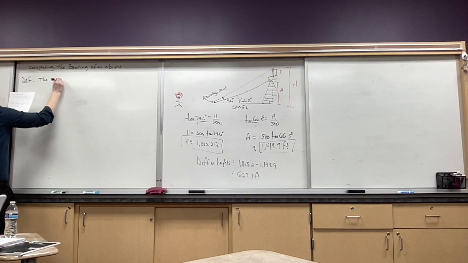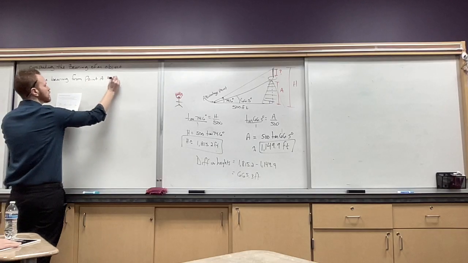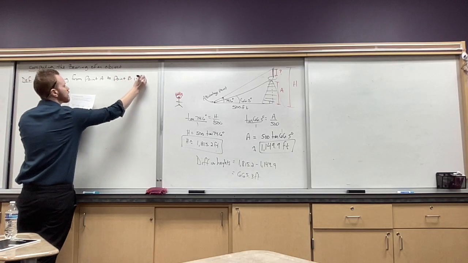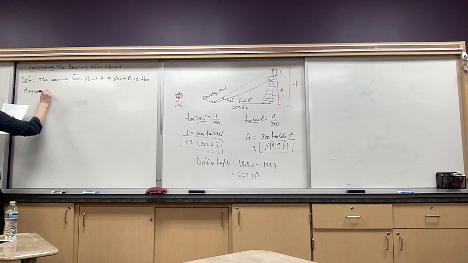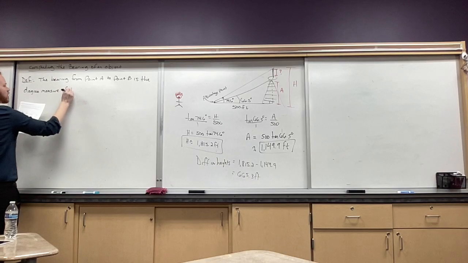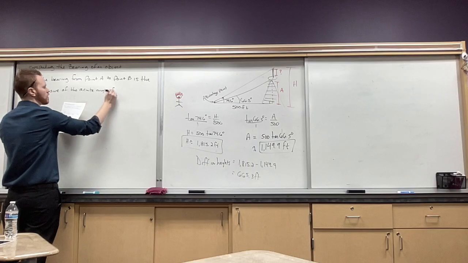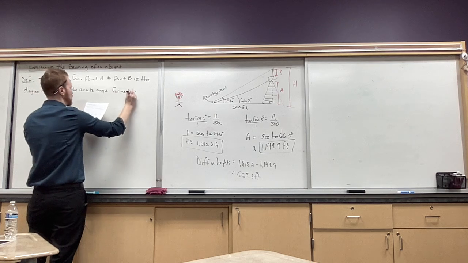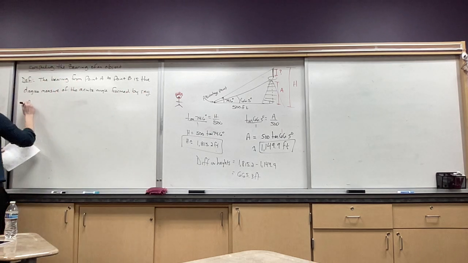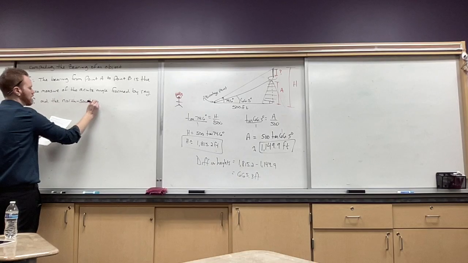The bearing from point A to point B is the degree measure of the acute angle formed by ray AB and the north-south line.